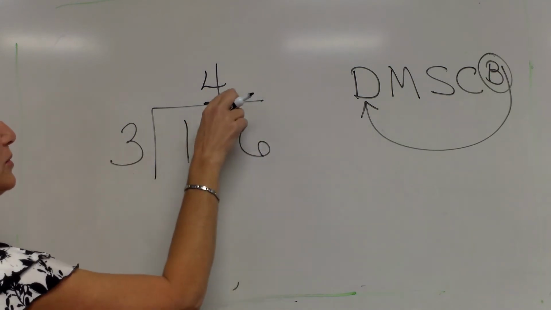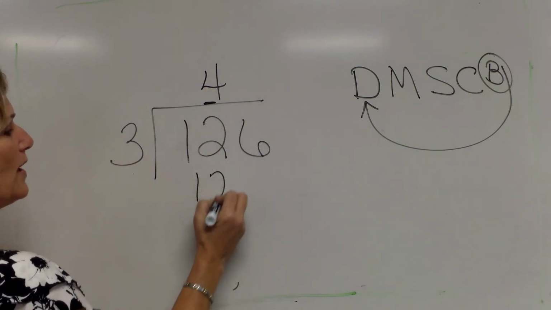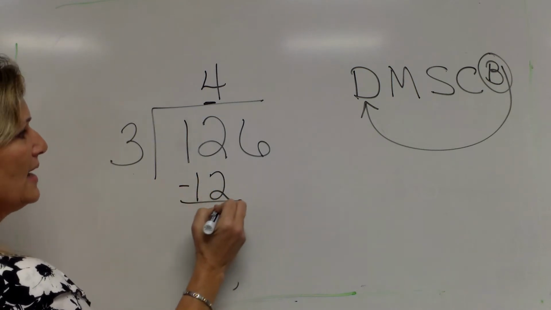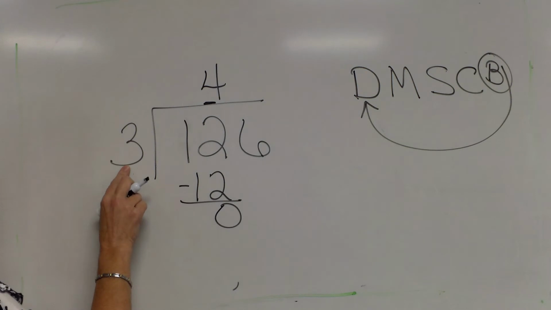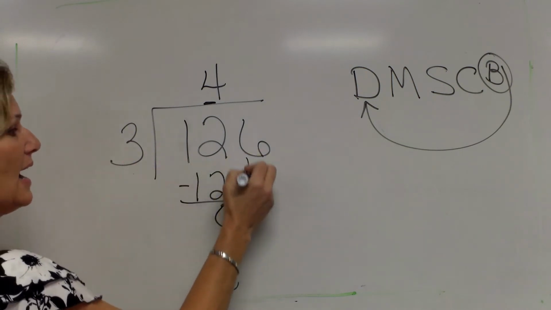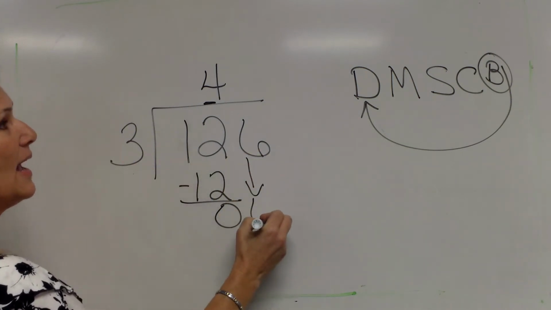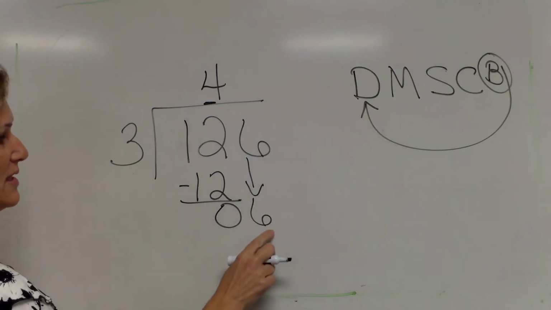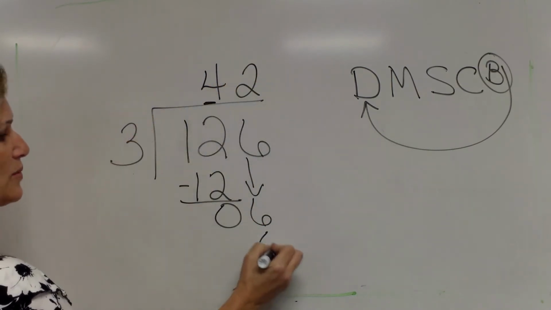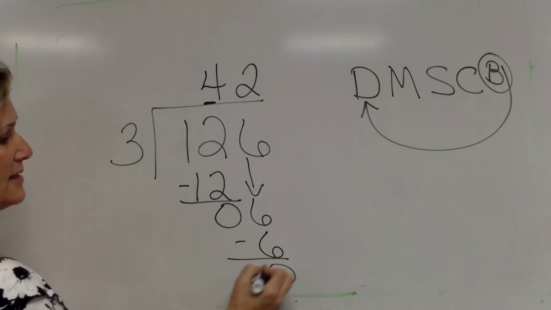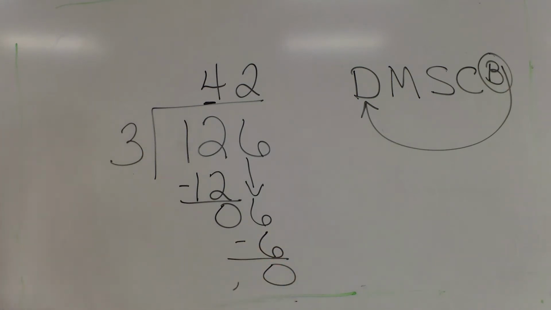Now I'm going to multiply. 4 times 3 is 12. I subtract. I compare. Is 0 smaller than 3? Yes, it is. I bring down, and I start all over with division. 6 divided by 3 is 2. 2 times 3 is 6. I subtract. I have nothing left.